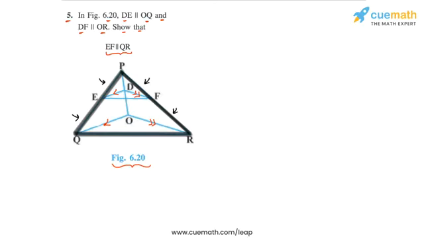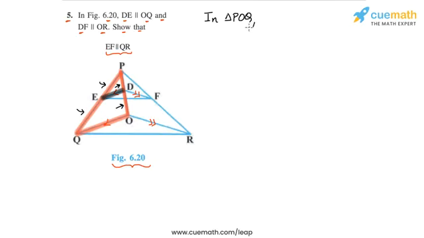So this is the logic that we are going to use to solve this problem. Now let's write out the solution step by step. First we consider triangle POQ. In triangle POQ we have DE parallel to OQ, so PE by EQ will be equal to PD by DO, and the reason is BPT.